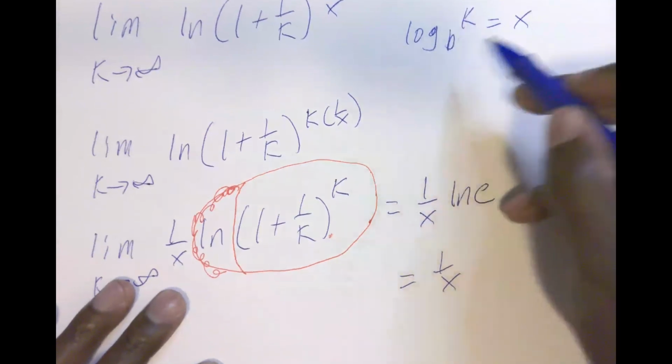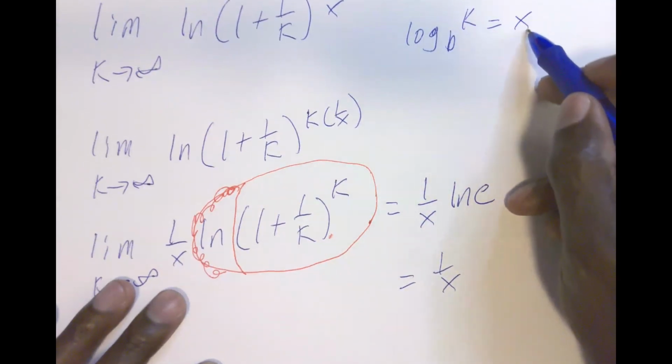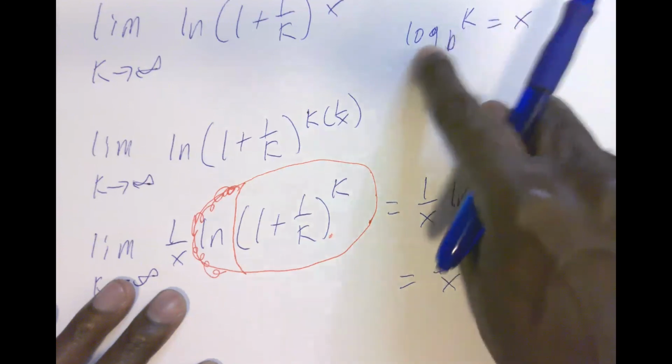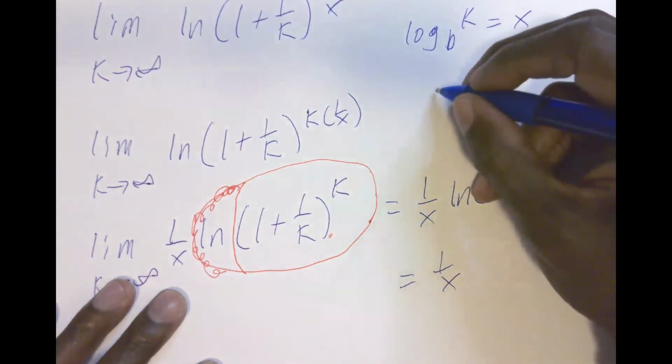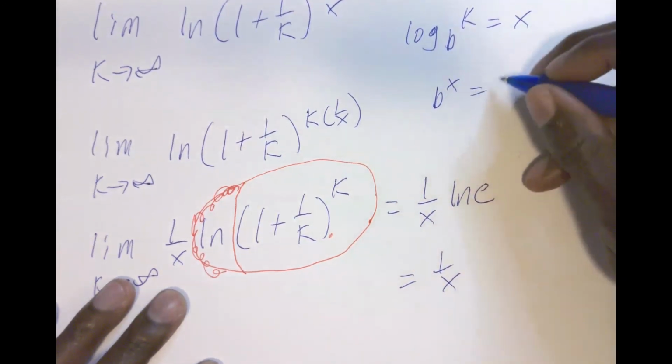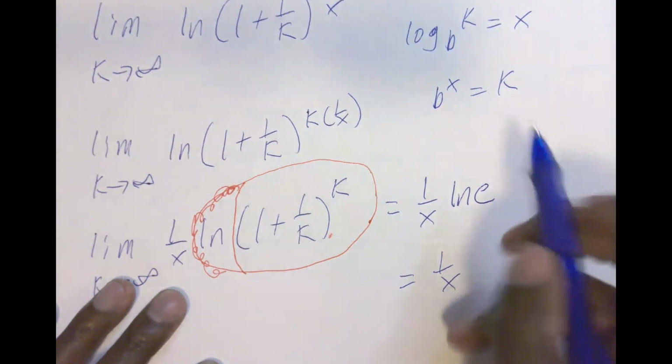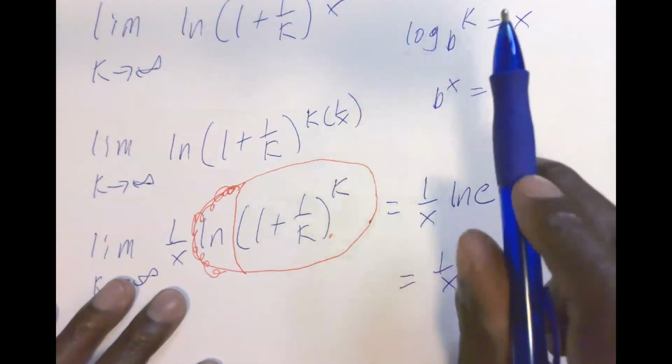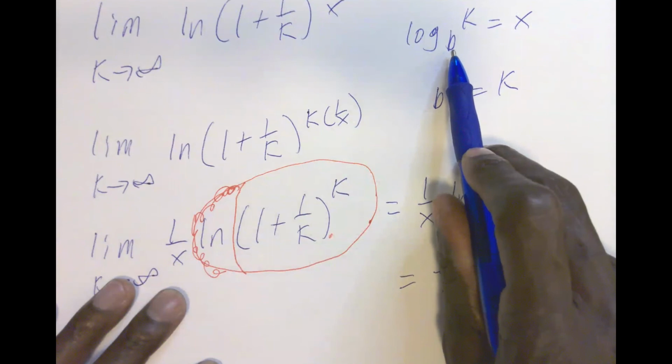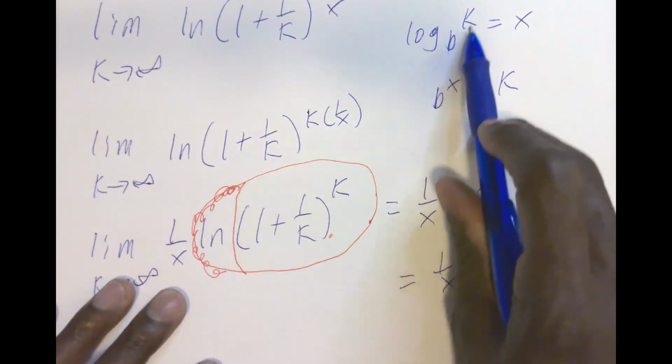That's why logarithms were invented, to find exponents. So this x is actually an exponent. In fact, the same expression in exponential form would be b to the power of x equals k. But more importantly, what this is asking is what power do I raise this base to in order to get this number?